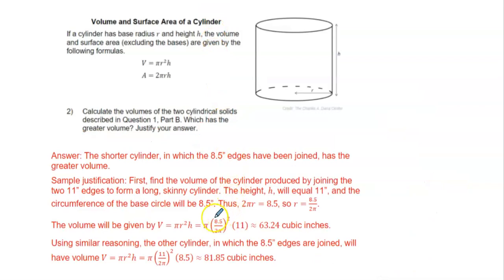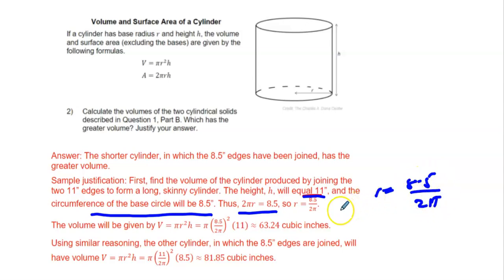Now, if we take the thin one where the height is equal to 11 inches, the circumference of the base is 8.5. You will see that 2 pi r is equal to 8.5, so r becomes 8.5 over 2 pi.